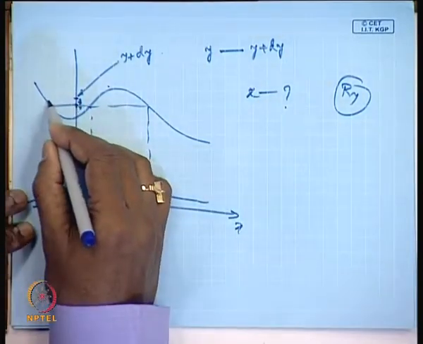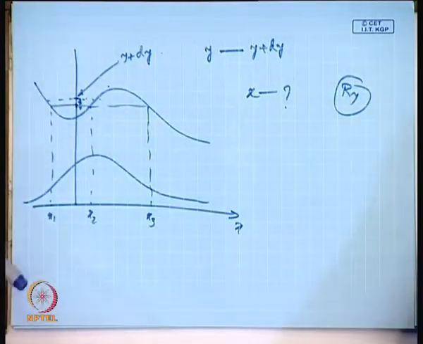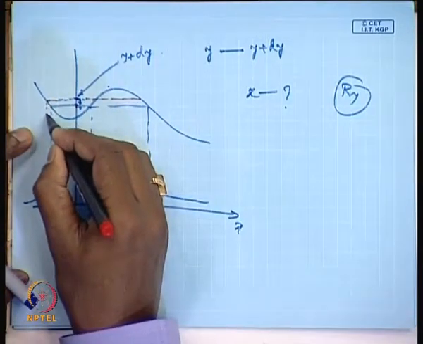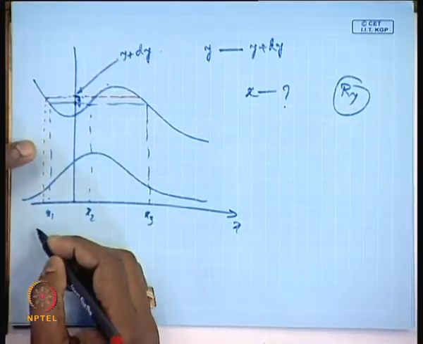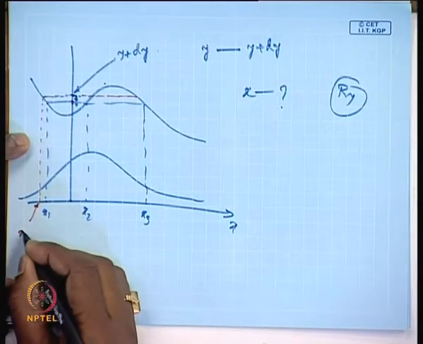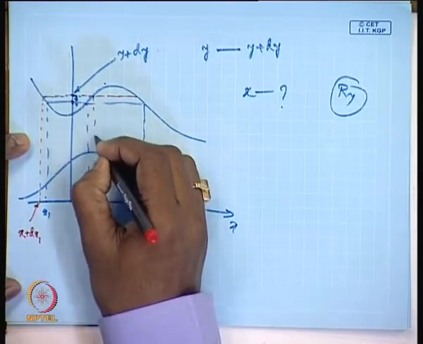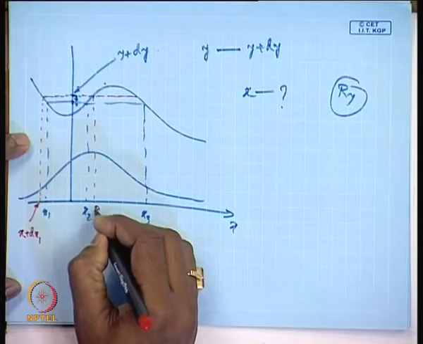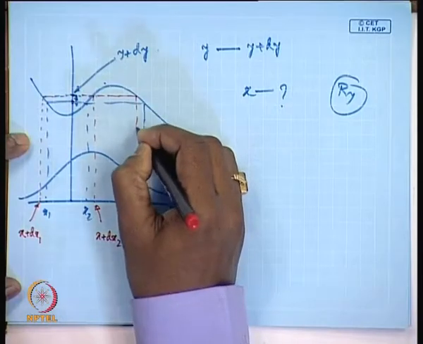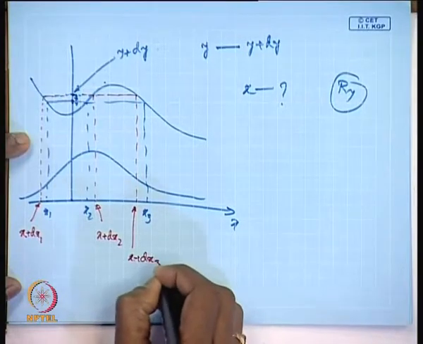So if I draw another line here, it looks like this. This location is now x1 plus dx1, this is x2 plus dx2, and this is x3 plus dx3.